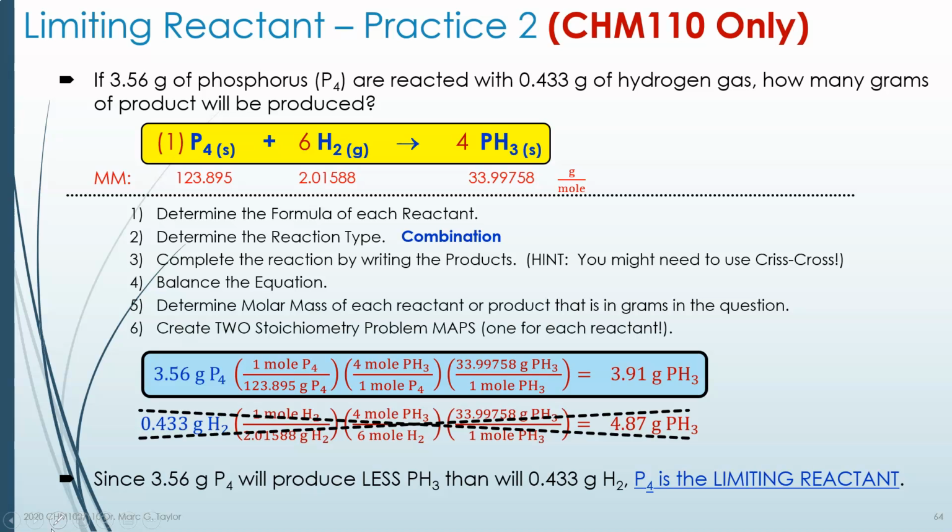The first calculation is the correct one. You can just cross out the second calculation. It is totally meaningless because you know the phosphorus will run out first, and therefore the phosphorus is the limiting reactant, and that means the amount of product we will actually get is 3.91 grams of PH3. And we'll stop here.